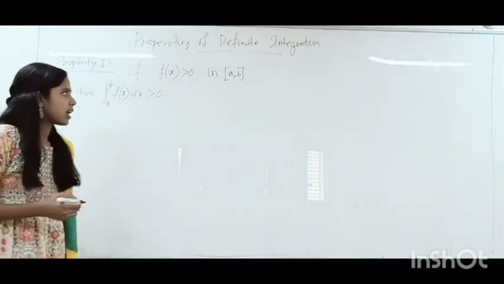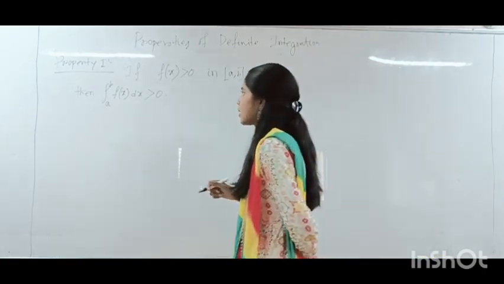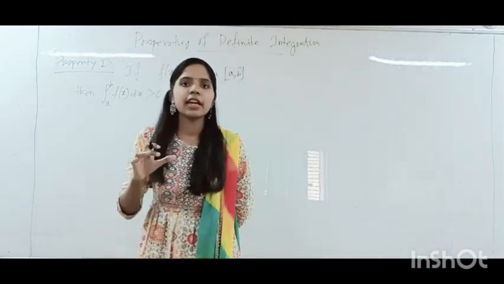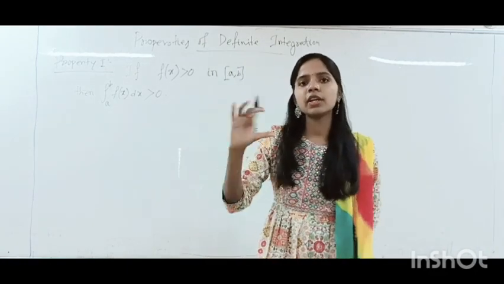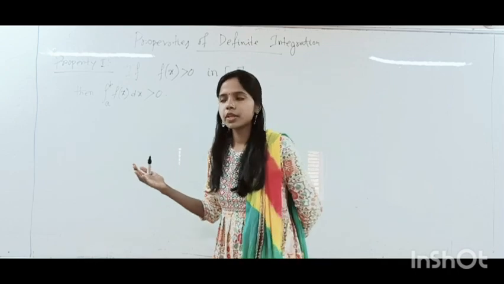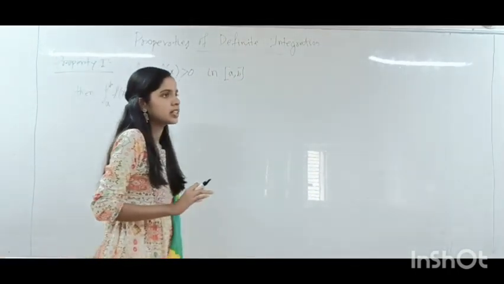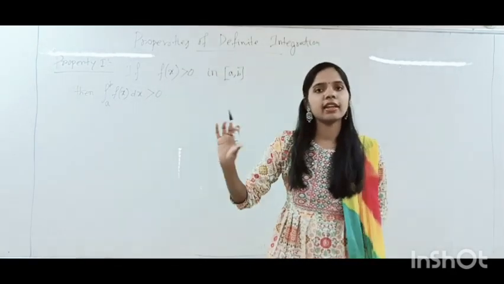In last class, I explained this by graph. I explained that if f(x) is greater than 0, then only we can say that the total area, if the area is divided into 3 parts, whatever the parts are, will be the area.